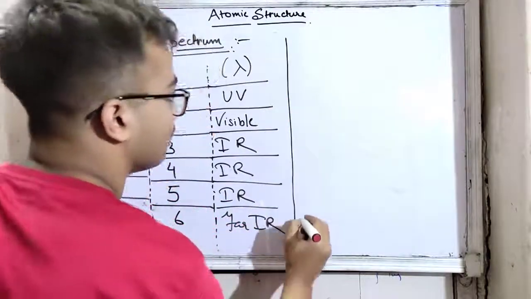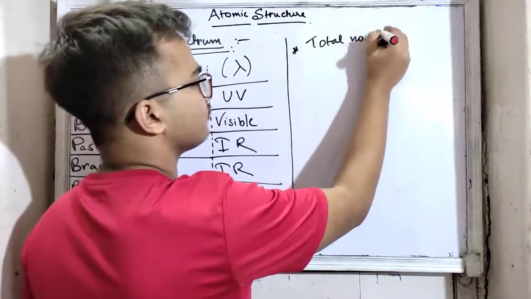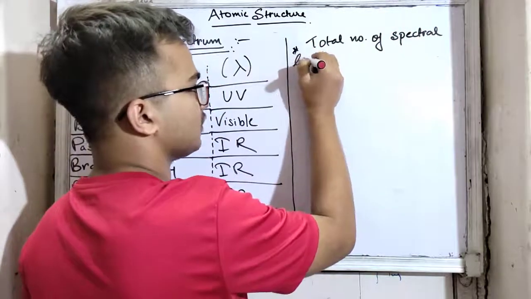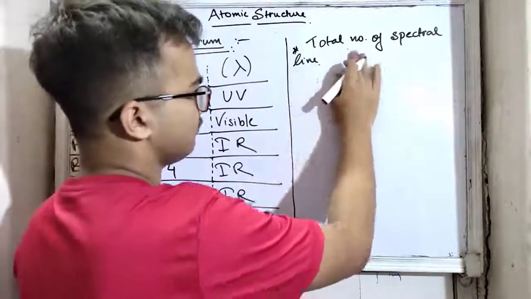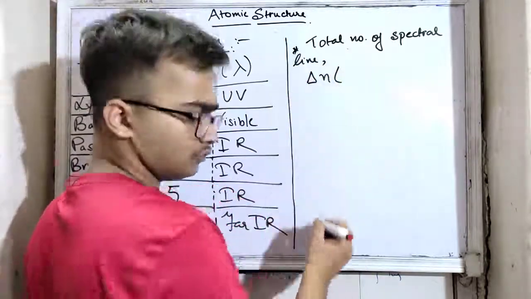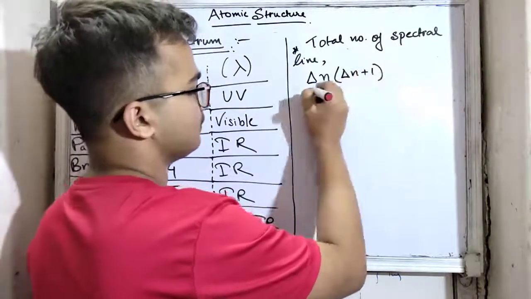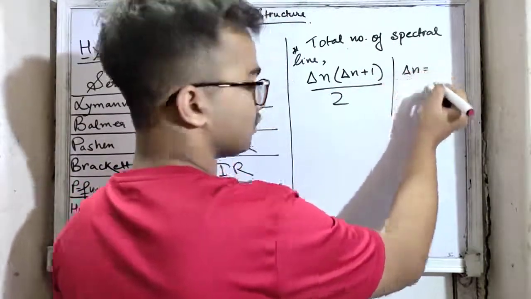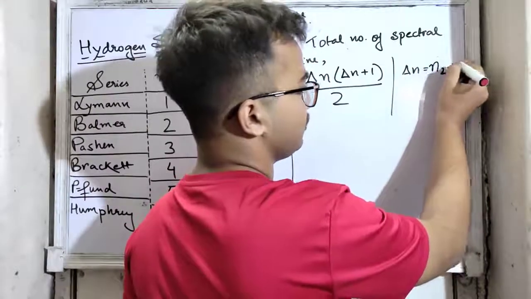Total number of spectral lines, which is represented by delta n. So the formula is delta n into (delta n plus 1) whole divided by 2. What is delta n? Delta n equal to n2 minus n1.